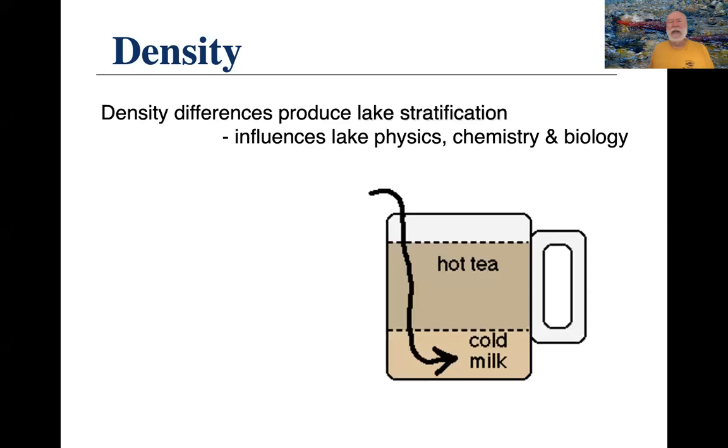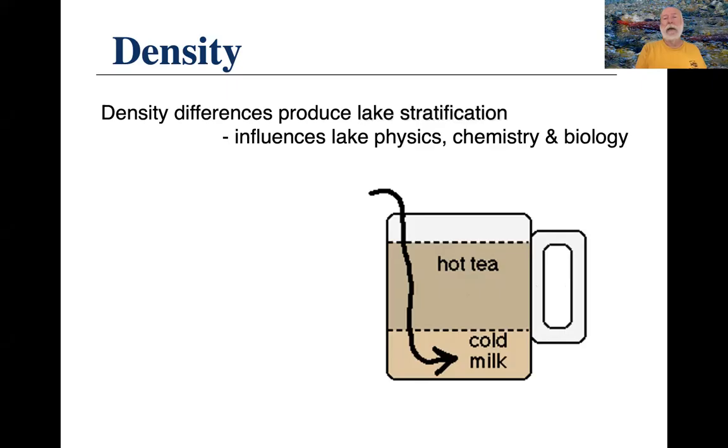So these density differences induced by changes in temperature produce a phenomenon that we refer to as lake stratification. And lake stratification, in turn, greatly influences lake physics, lake chemistry, and lake biology. We can think of a simple model of a lake as a mug of coffee or a mug of tea.